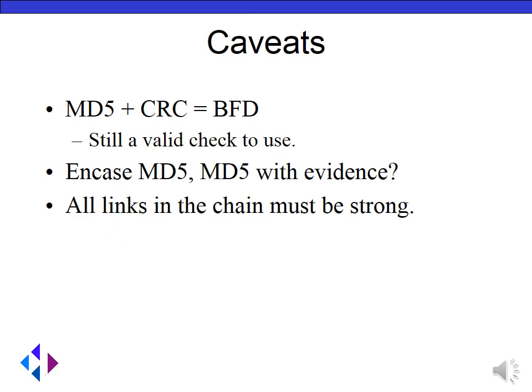So now a few caveats as we come to the last slide in this lecture. Everything you collect in the field should have, or you should do on the digital evidence, an MD5 or CRC hash. I know you've seen the lectures, you've seen the papers where they say MD5 and CRC both can be cheated, you might say. That someone can actually create a piece of evidence that would have the same MD5 hash as another piece of evidence.